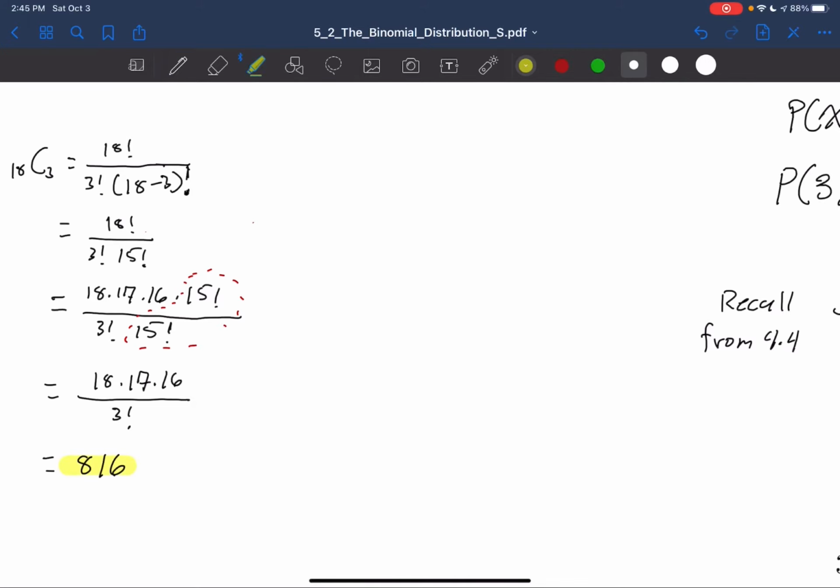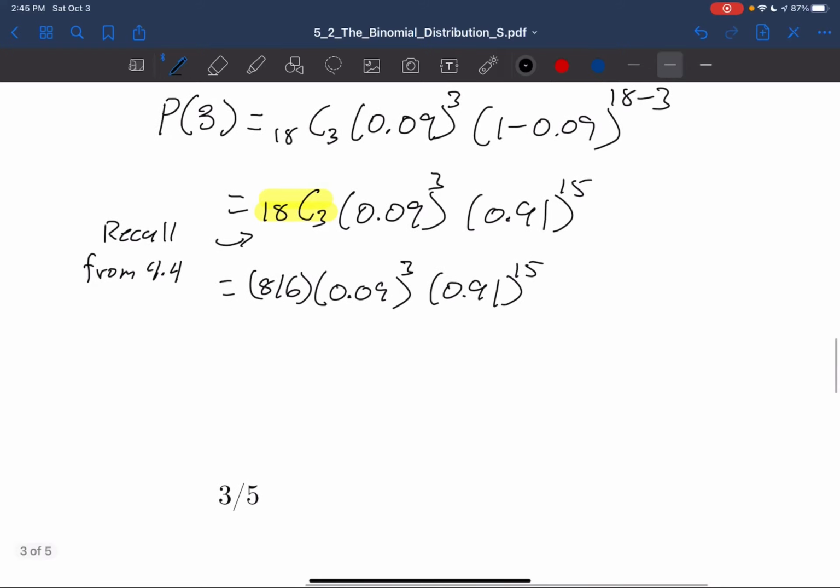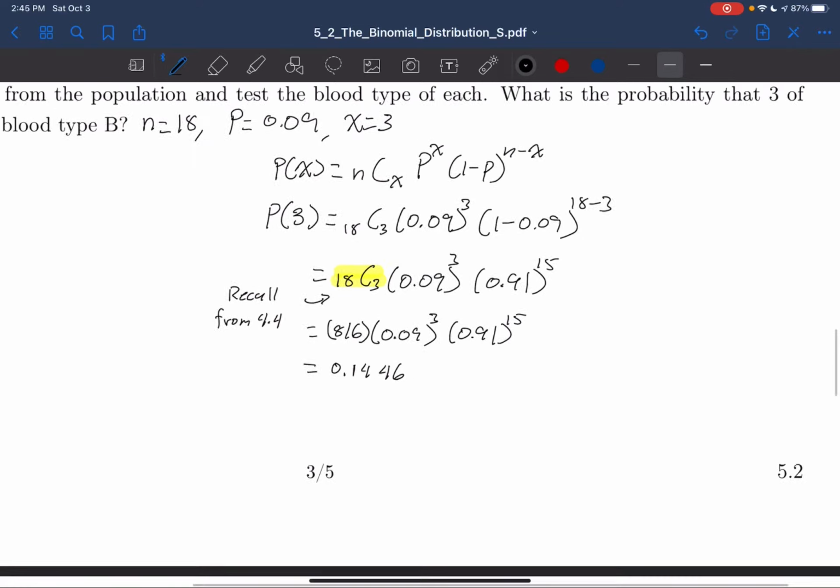Now that we know this value, we can plug it back in. This is going to be equal to 816 times 0.09 to the power of 3 times 0.91 to the power of 15. If you put all of this in your calculator, this should give you the value of 0.1446 if you round to 4 decimal places.